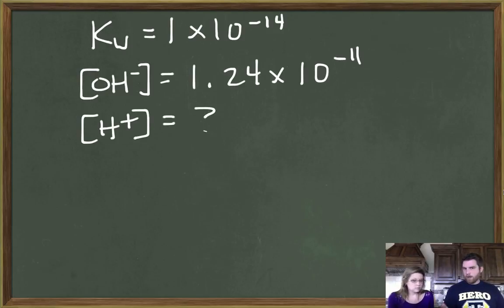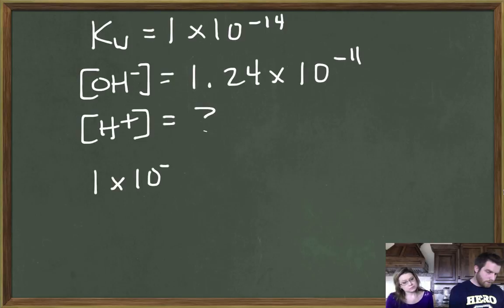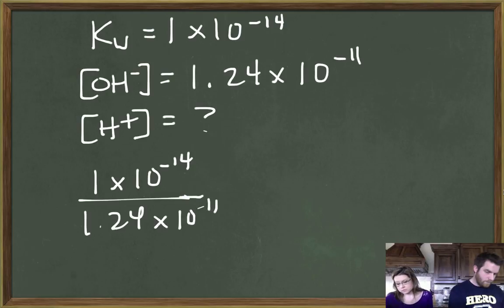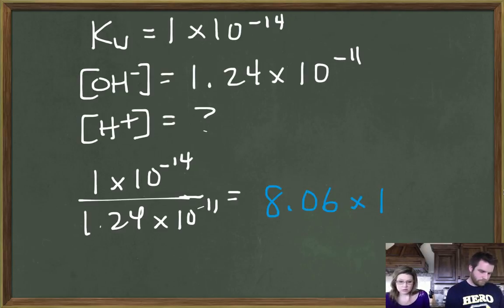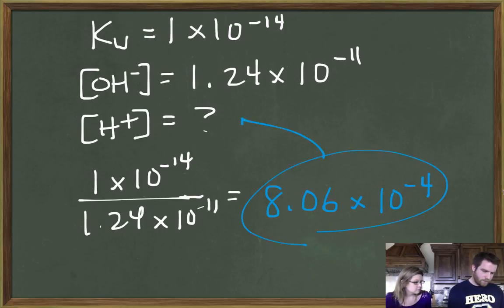Kw divided by hydroxide, right? So Kw, which is 1 times 10 to the negative 14, divided by 1.24 times 10 to the negative 11. So that will be 8.06 times 10 to the negative 4. And that's it. So this is your answer here.